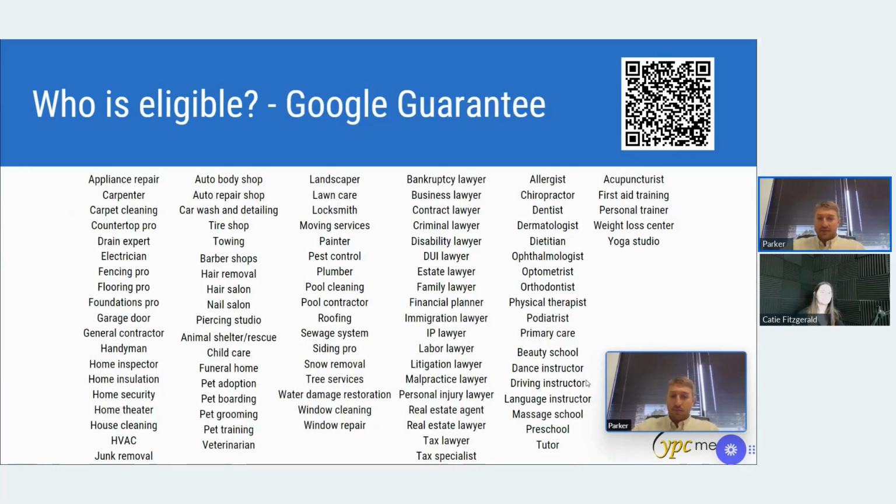So here's a big list of different categories that all these businesses can be categorized under. And you definitely want to make sure when you're filling out your information that you have the exact same category on both pieces. By doing so, that's going to determine whether or not you go under Google Guarantee or Google Screened. So that's something you're definitely going to want to make sure you have the same.